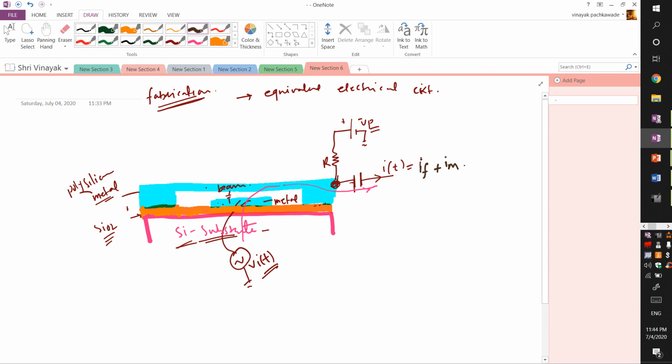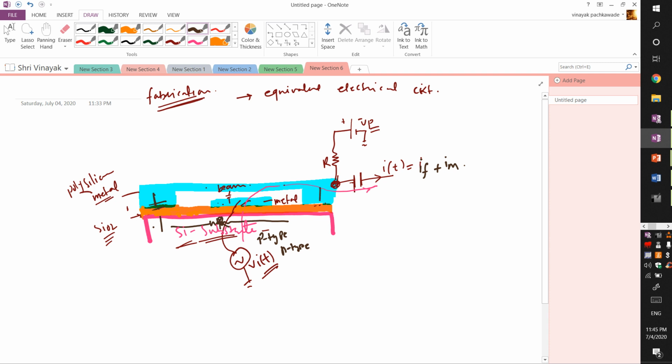Let's say this is the silicon substrate, p-type or n-type, so it has a doping, and there is a resistance R associated with it. Then there is a metal, an oxide, and silicon at the bottom, so we have one capacitance over here, and then another capacitance over here.